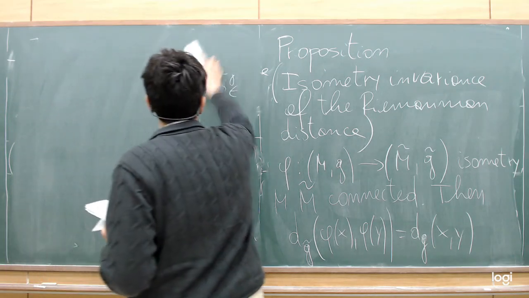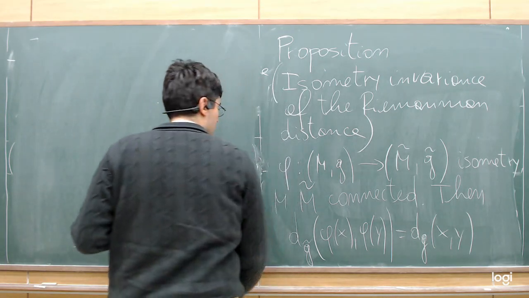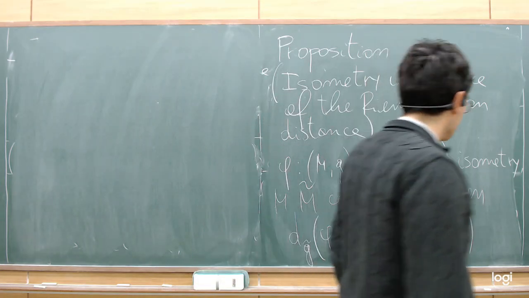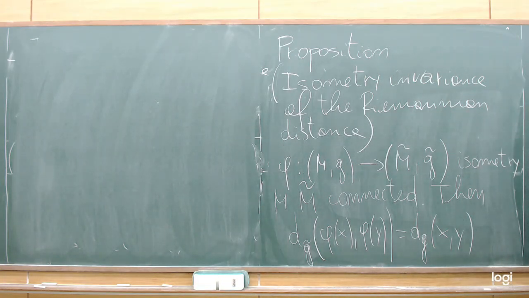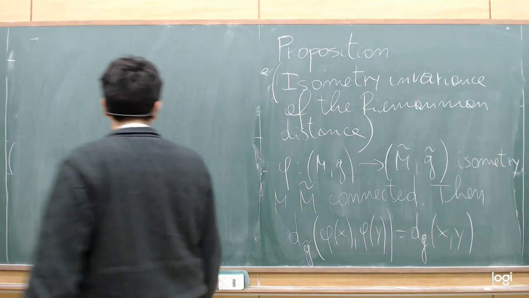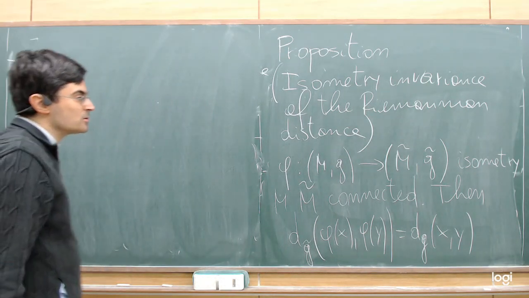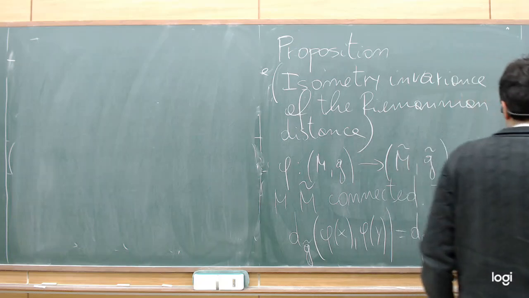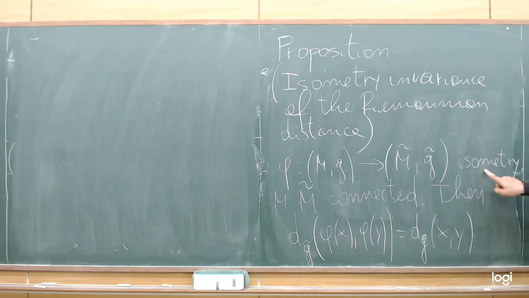The proof of this identity is not difficult, and it's a consequence of the fact that this is an isometry.